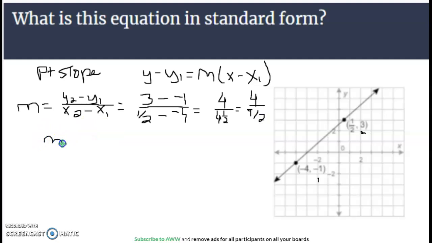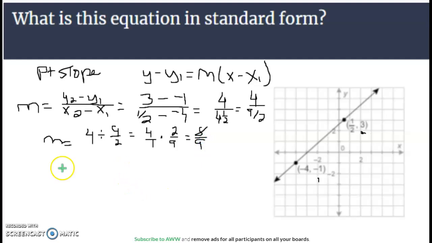Still working on the slope down here. Let me write it horizontally: 4 divided by 9/2. That's 4/1 times the reciprocal, 2/9. And that gives us 8/9.